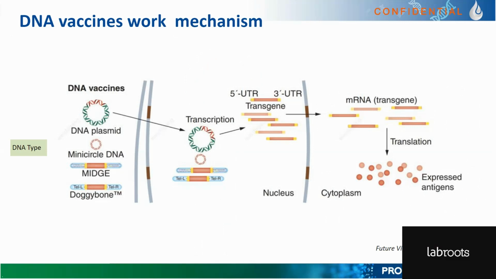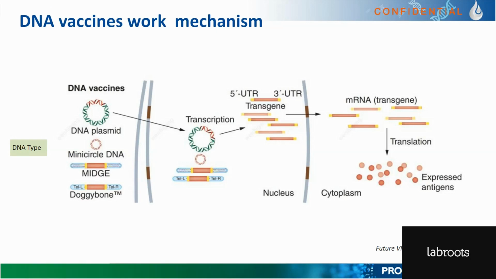As for the DNA vaccine, the mechanism is shown in this picture. It uses genetic material from a pathogen to stimulate an immune response. It contains a plasmid that has the inserted gene. Once the plasmid completes transcription inside the body, it will generate mRNA, which will further express the antigen inside the body.